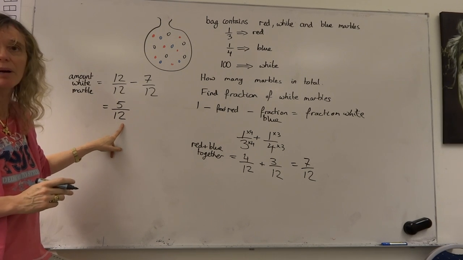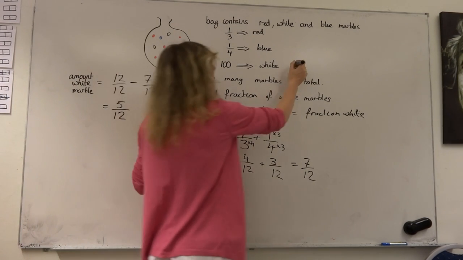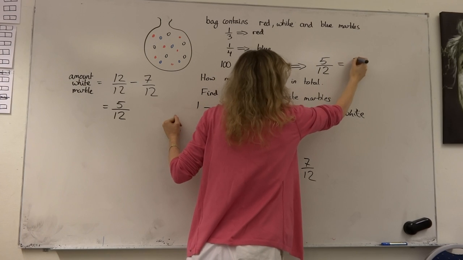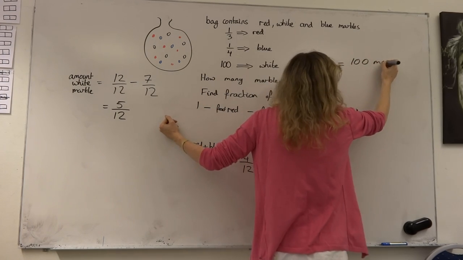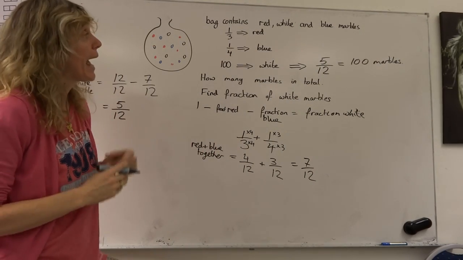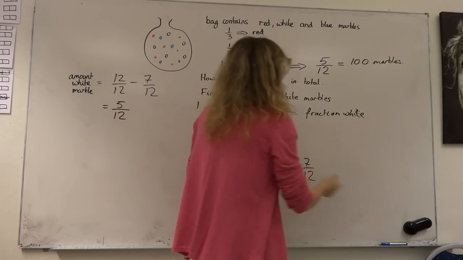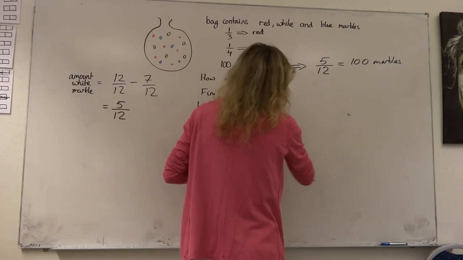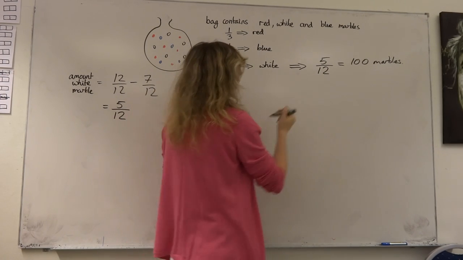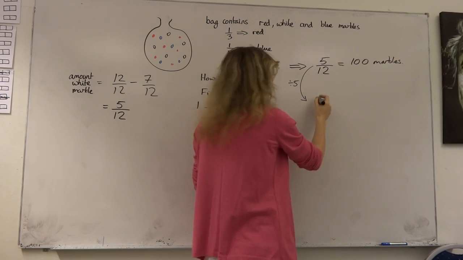But I know something about those white marbles. I know that those 5/12 are also 100. So 5/12 equals 100 marbles. How does that help me? Well, it helps me because from a 5/12, if I divide 5/12 by 5, I'll get what 1/12 is.